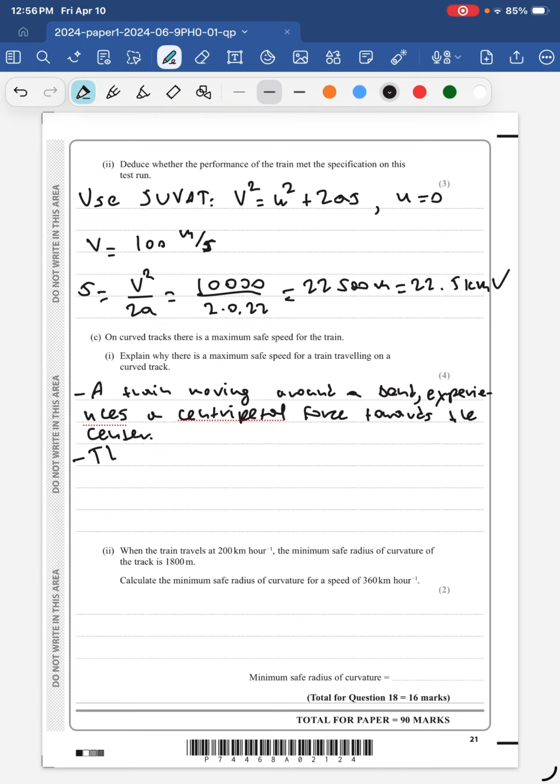This force is provided by the wheel-rail contact force. Sorry.